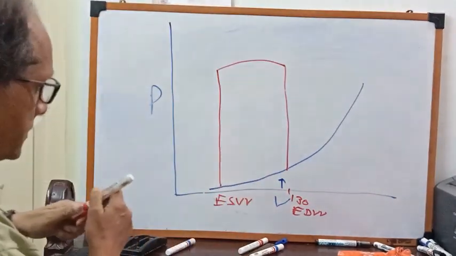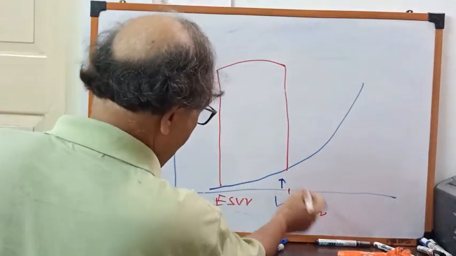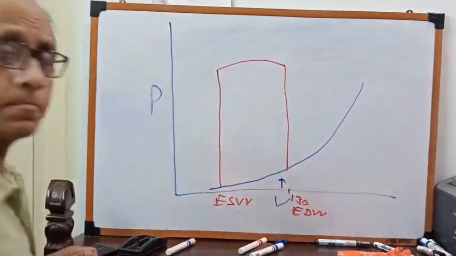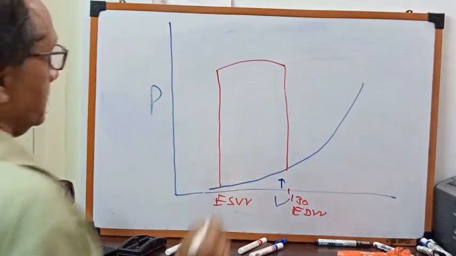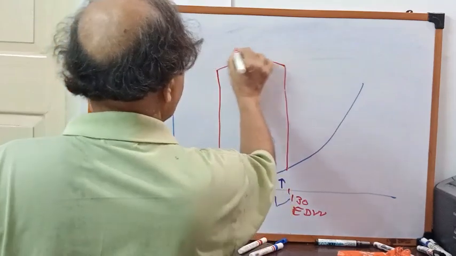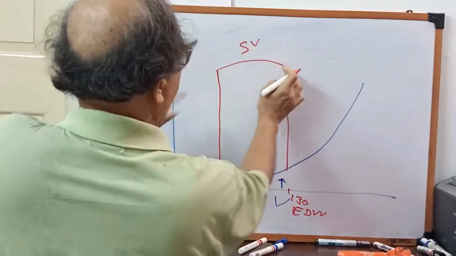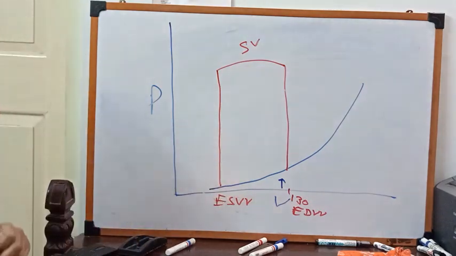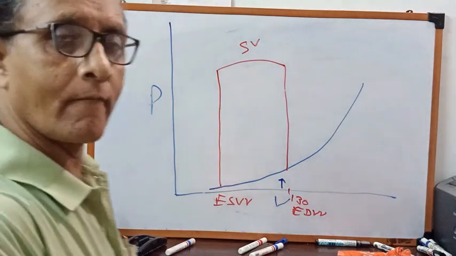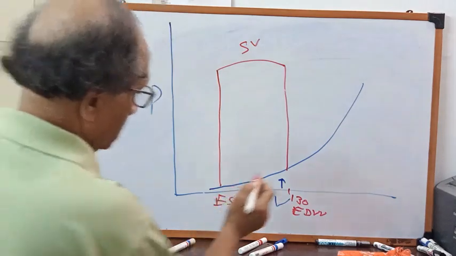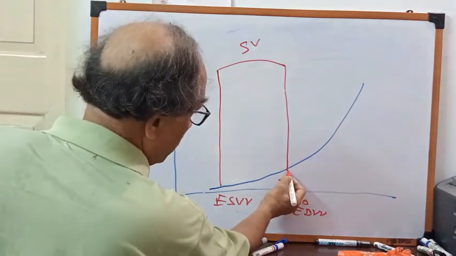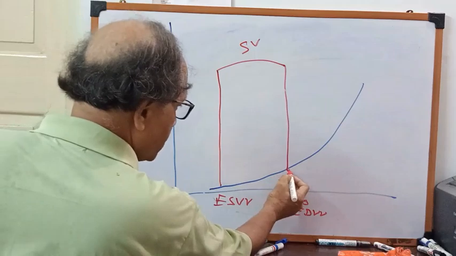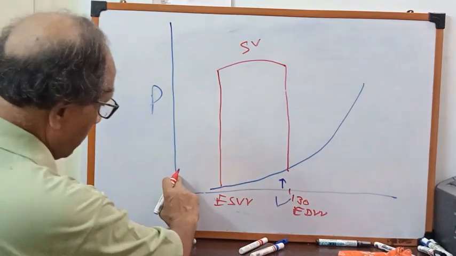Now if we label it, this is the end diastolic ventricular volume, and this amount is the stroke volume. This amount is the end systolic ventricular volume. This is the end diastolic ventricular volume, and this is the end diastolic ventricular pressure.